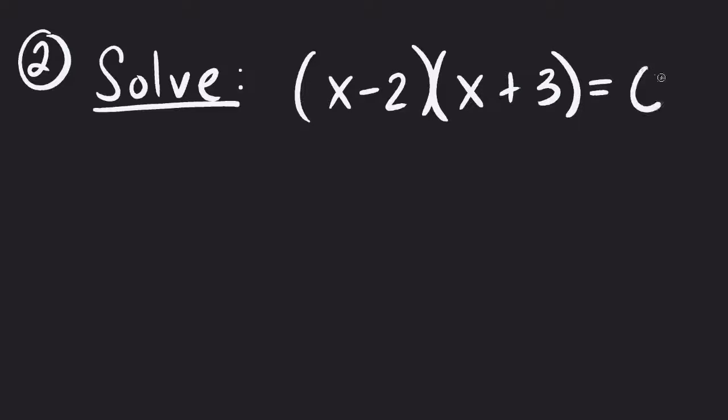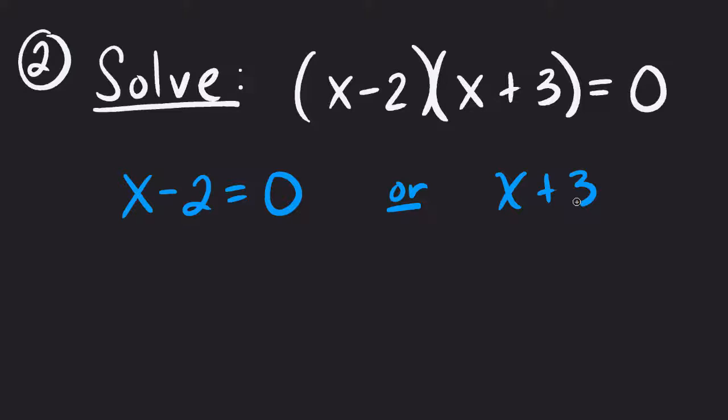And when they multiply together, we got 0. Okay, so now I'm looking for what are the zeros or what are the solutions for this problem. We'll use that same technique. We'll apply the property that says, all right, well, we have x minus 2 equals 0, or we have x plus 3 is equal to 0.